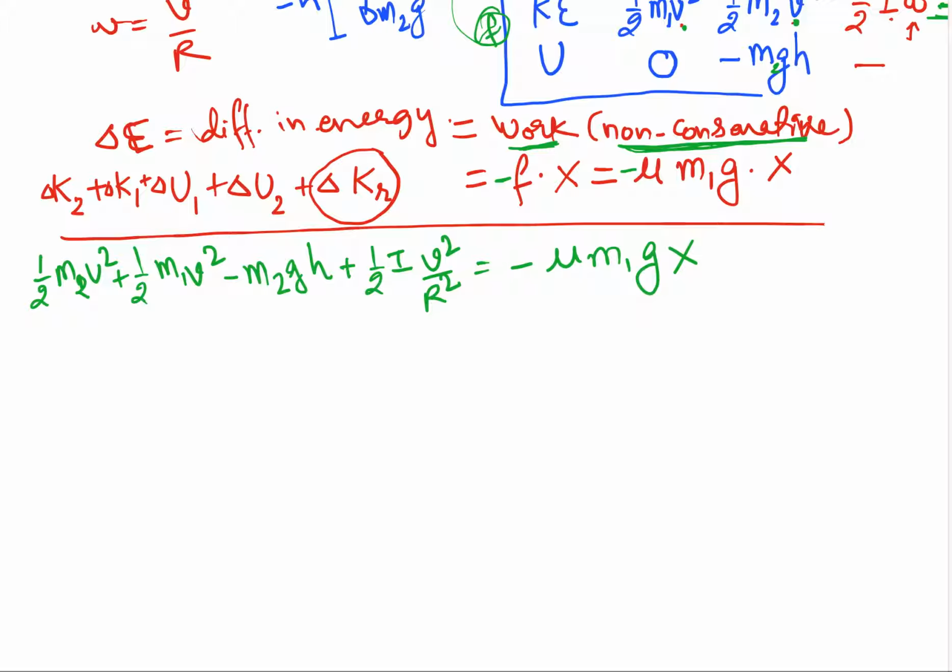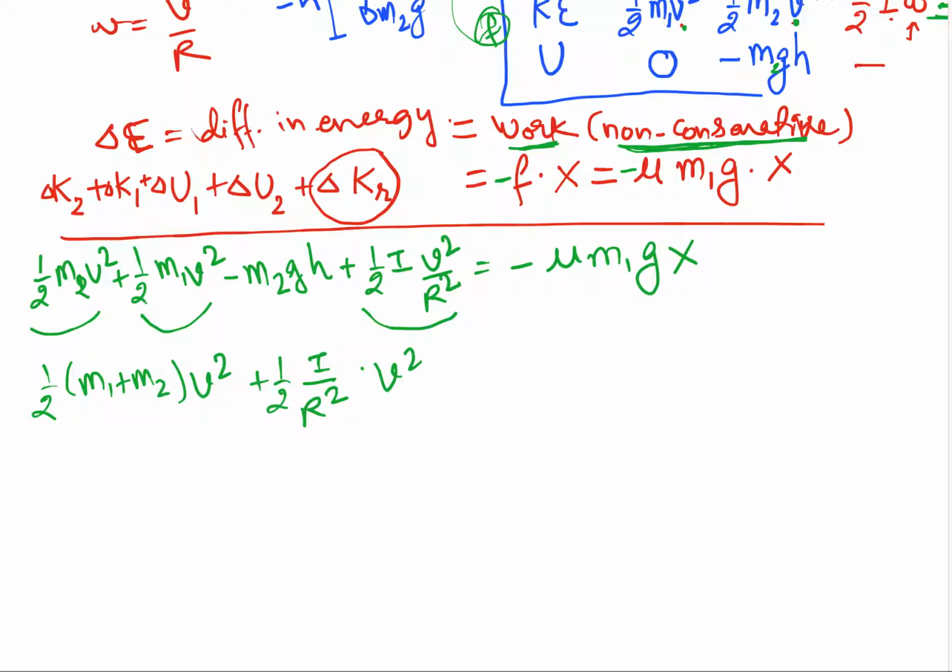All right, now what I want to do is find the value of the velocity. So I need to put that alone, so I'm going to collect all the terms that contain the velocity in the same place. So that's going to be half m1 plus half m2, and half I divided by r square, and there is v square.